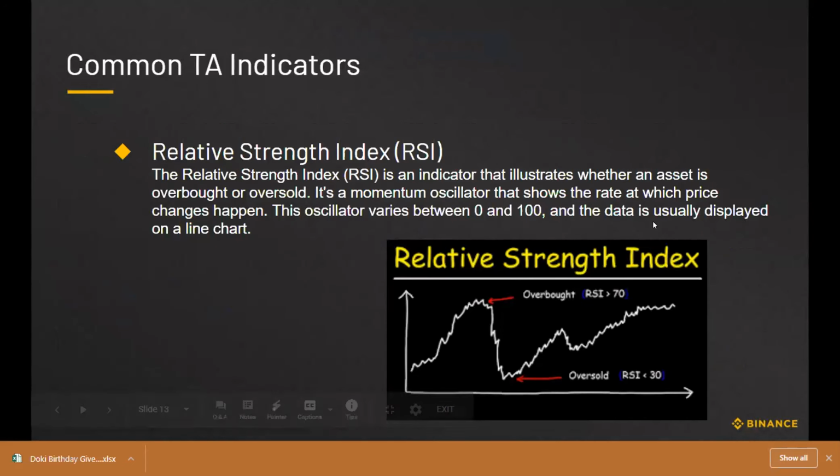The next one is the relative strength index. For the relative strength index, we're saying that this is an indicator that illustrates whether an asset is overbought or oversold. In fact, even if you don't know how to draw trend lines, this RSI is very important for trading.